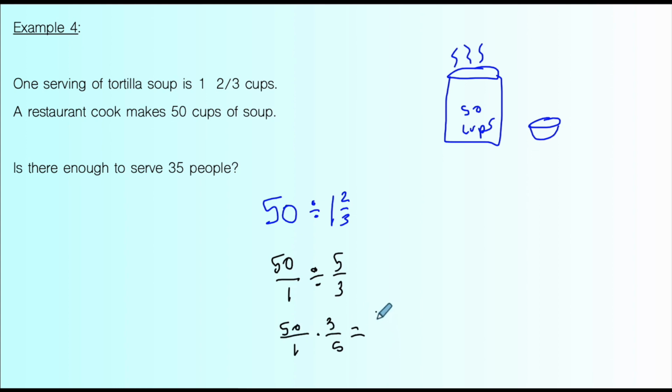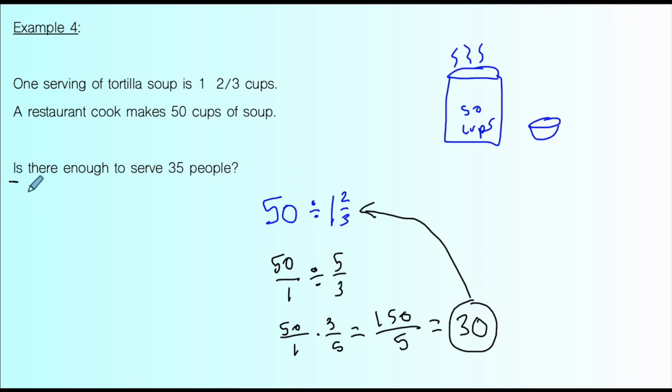And 50 times 3 is 150. 1 times 5 is 5. And now, how many times can 5 go into 150? 5 can go into 150 30 times, exactly, with nothing left over. So what that tells me is 50 cups of soup, how many 1 2/3 servings can I divide that into? I can divide it into 30 servings.